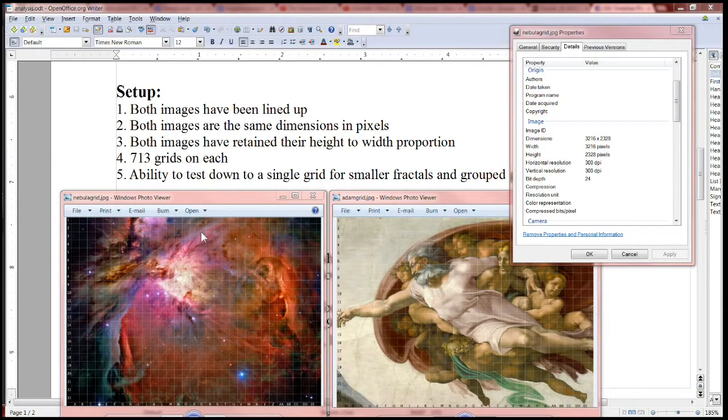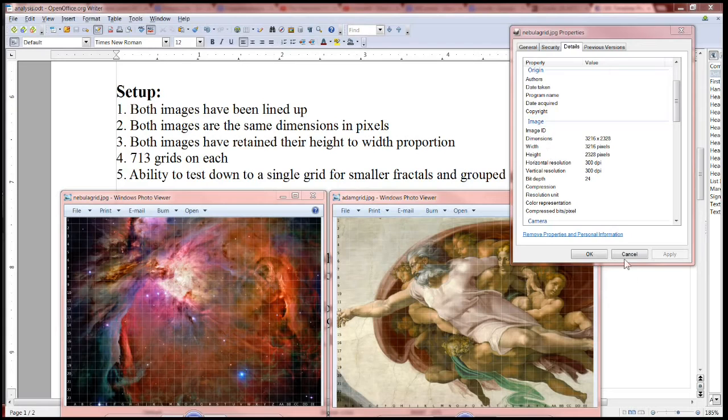So, for example, neither of these images was the same size when I originally started, but as I shrank one and made one larger, they weren't stretched by the width or the height. They were done proportionally. That way they remained the exact same image, only changed in size in order to be able to compare one to the other.